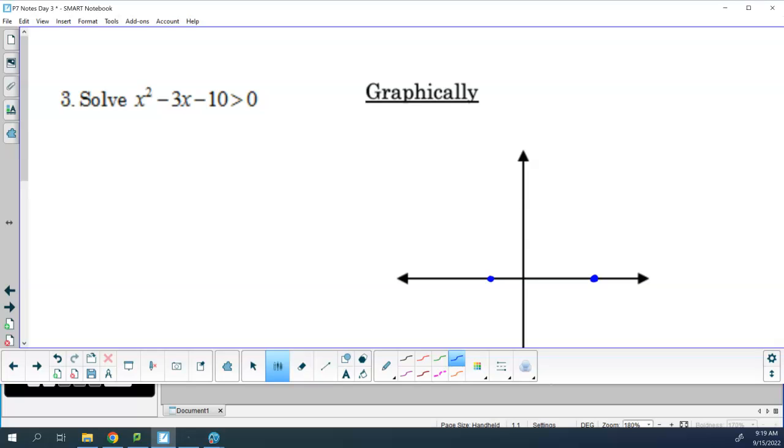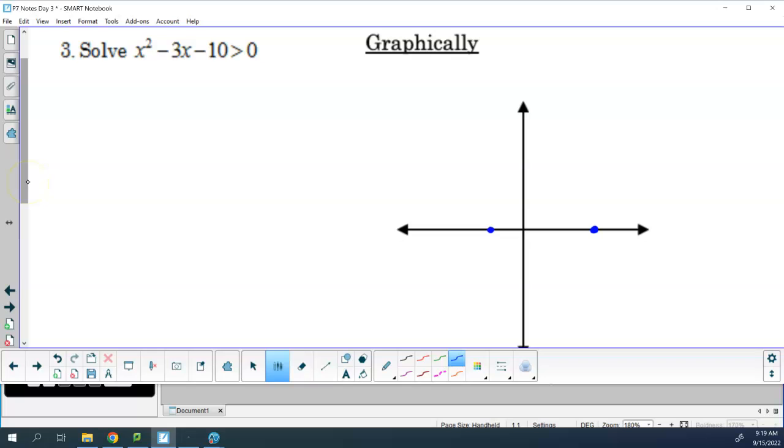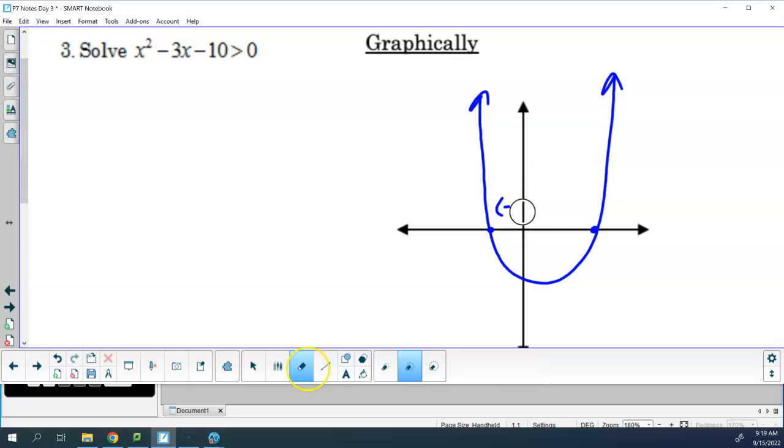And being that it is a quadratic, that makes it a parabola, because it has a positive a value, I know that it looks like this. Oops, wrong one. That should be -2.